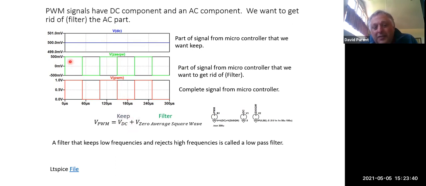Now, here's the thing. Yes, we are changing the duty cycle in time, because if this is a music player, music changes in time. But you're keeping the DC part, even though that might change over time.